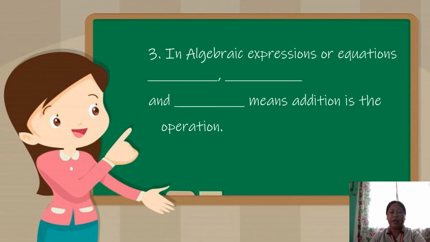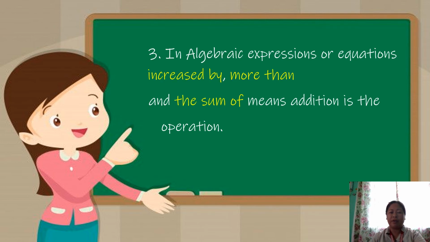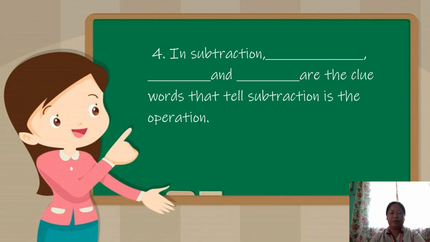Number 3. In algebraic expressions or equations, blank and blank means addition is the operation. The answers are increased by, more than, the sum of. Number 4. In subtraction, blank, blank, and blank are the clue words that tell subtraction is the operation.